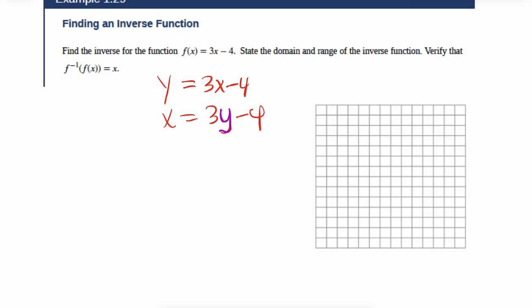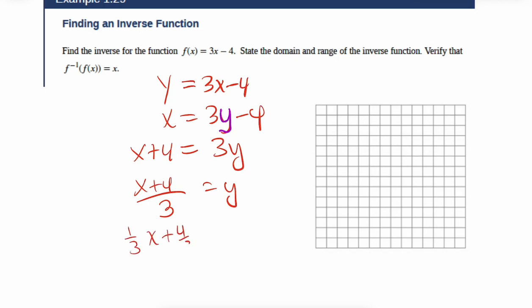It's just a simple switch around. Add 4 to both sides. Divide through by 3. Now, when you divide through by 3, just put the whole thing over 3. If you wanted slope-intercept form, go for it. You could put 1/3 x plus 4/3.